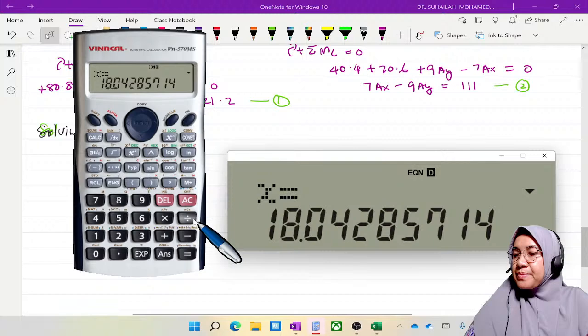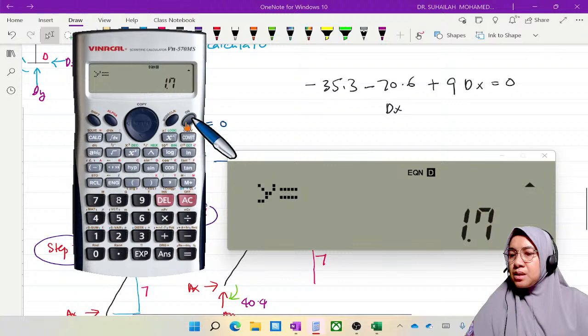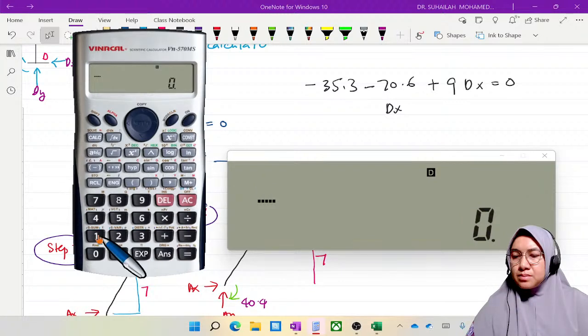So DX is equal to total divided by 9: 35.3 plus 70.6 divided by 9, which is 11.77.